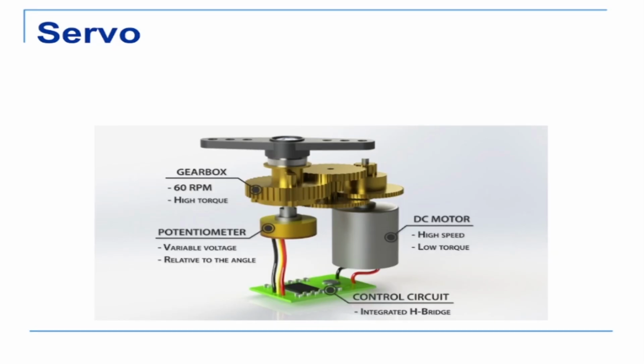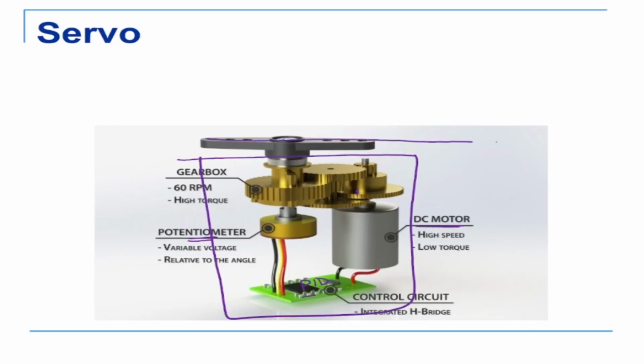This servo motor is essentially a DC motor. There is a DC motor here, which is connected to a gearbox. There is a potentiometer, which is the position sensor, and this is the PID controller, which controls the motor, and all of this comes inside a box. So basically what you need to do is just connect your robot link. Suppose you have one link that you want to connect.